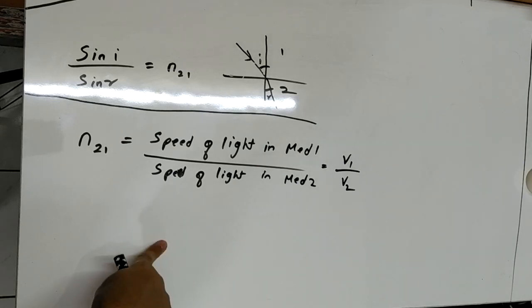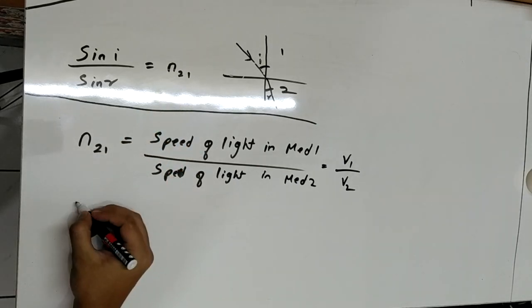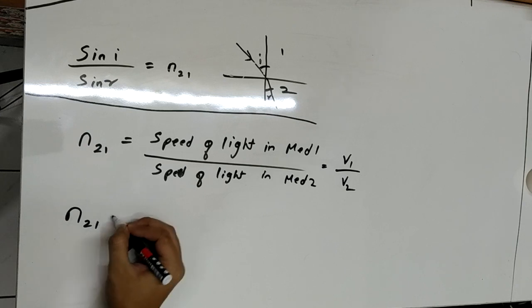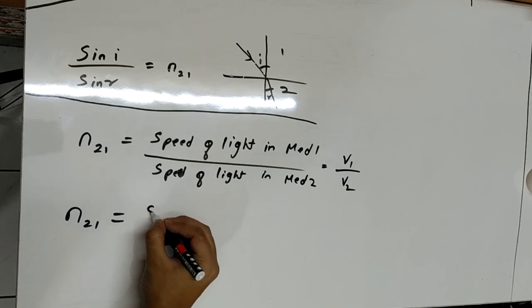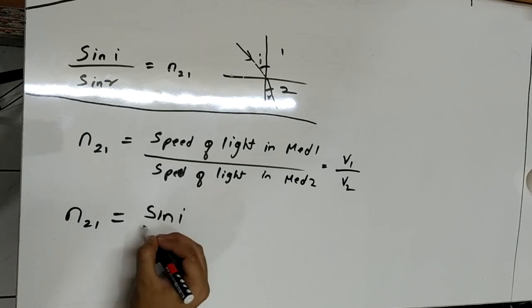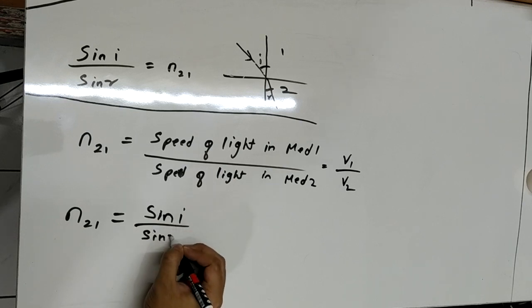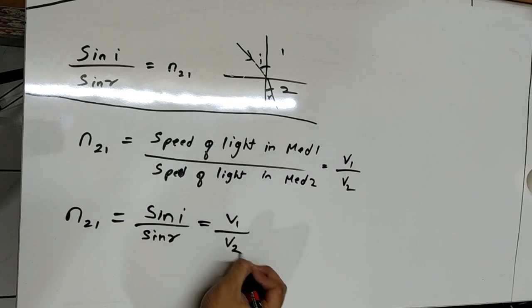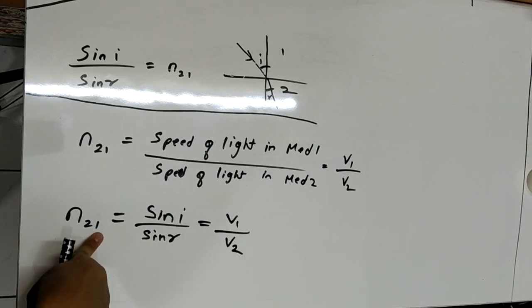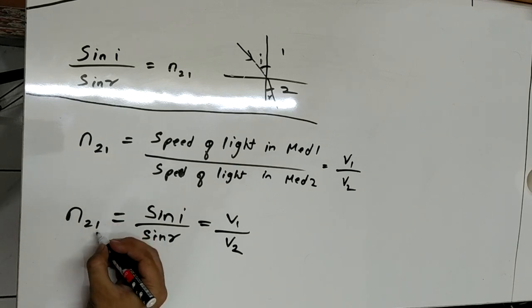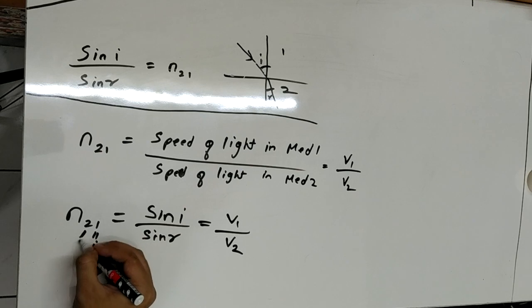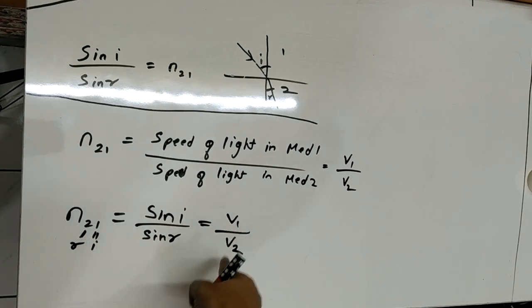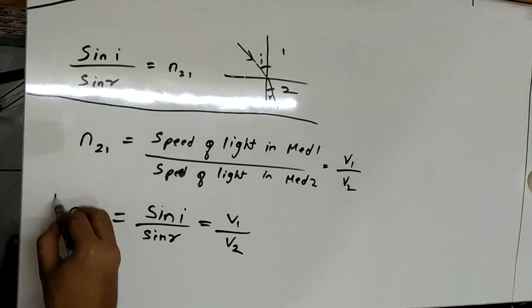So combining both of them, we get n21 is equal to sin i by sin r is equal to v1 by v2. See, medium 2 with respect to medium 1, here incidence is happening in medium 1, refraction is happening in medium 2, and v1 by v2. Note this down, this is very important.